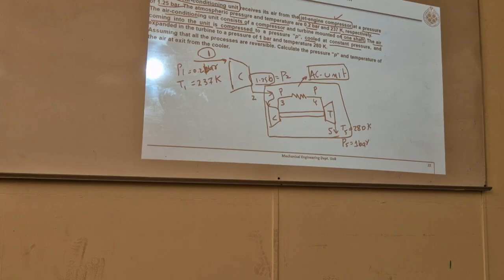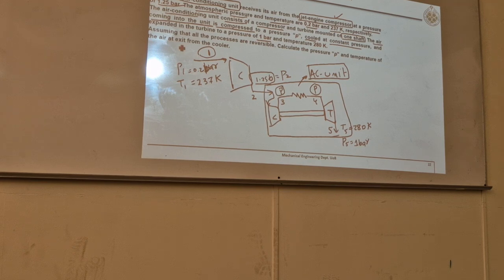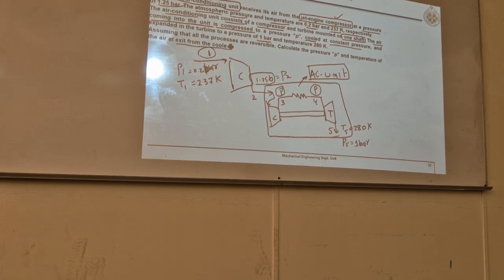Assuming that all the processes are reversible, calculate this pressure P and temperature of the air at exit from the cooler, where it is T4. So P3 is equal to P4, which we are calling P, is to be calculated, and T4.